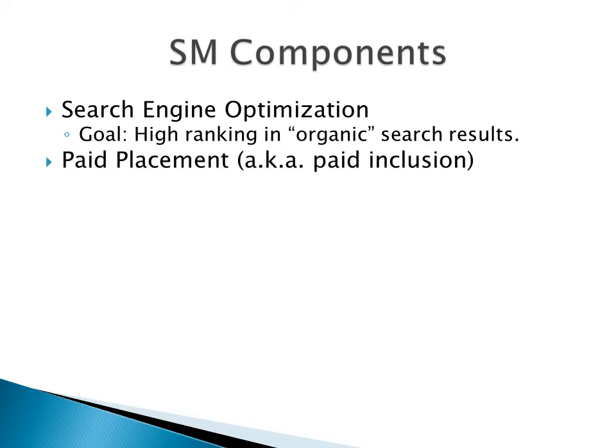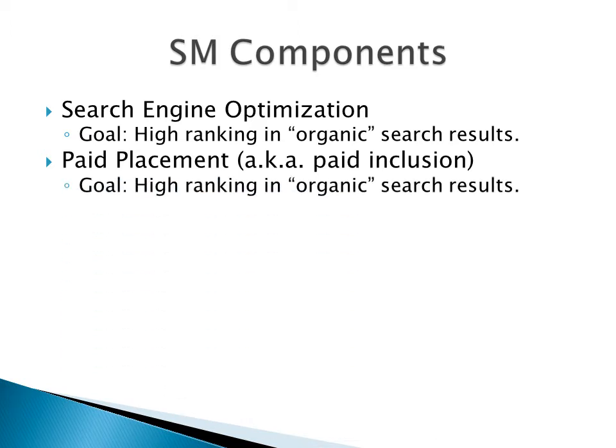Okay, the second component of search marketing is called paid placement. Sometimes that's called paid inclusion, and its goal is to rank high in organic search results, right? Only you're paying for it. And Google doesn't have that. You can't pay Google to rank high in its organic search results.